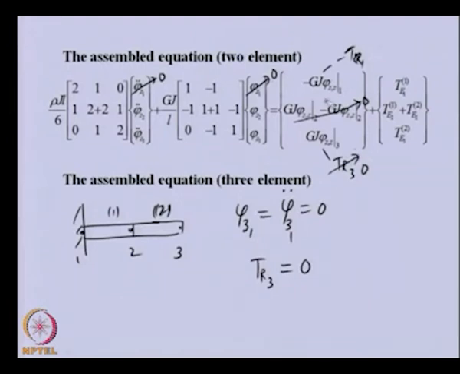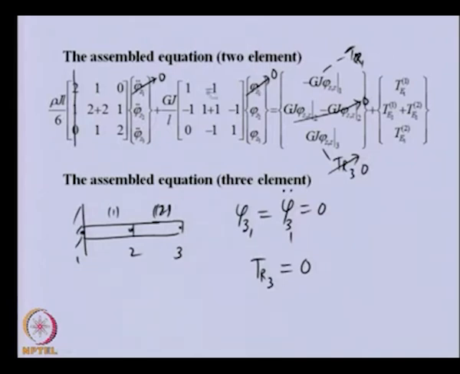So this equation will reduce in size because some of the terms are 0. You can see this particular term is 0, so it will get multiplied with the first row. Whenever we expand it, the first row will not contribute anything, so this particular row we can delete.